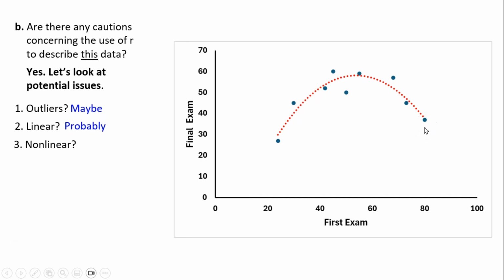Now, with the grouping of data points that we have for this example, my guess would be that even if we collected more data, we would probably not end up with a nonlinear situation. So you might conclude that that's not a likely scenario if we had more data.